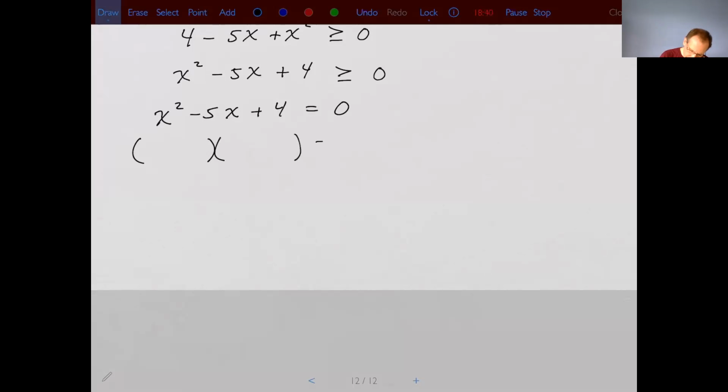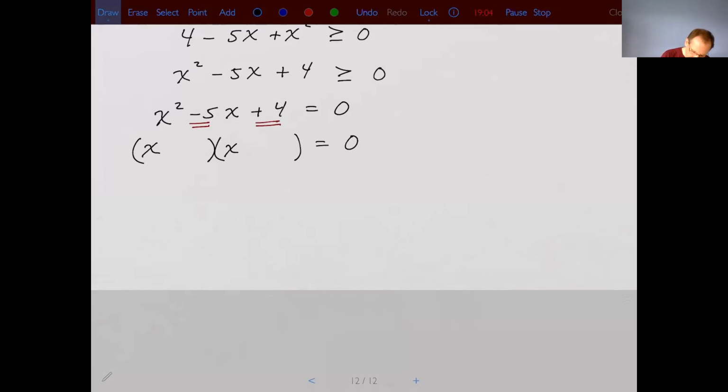So let's try this. The only way I can get x squared is x times x, right? Then you want to think of two things that when multiplied will give me a positive 4, and when added will give me a -5. Well, -1 and -4 are going to work, right?